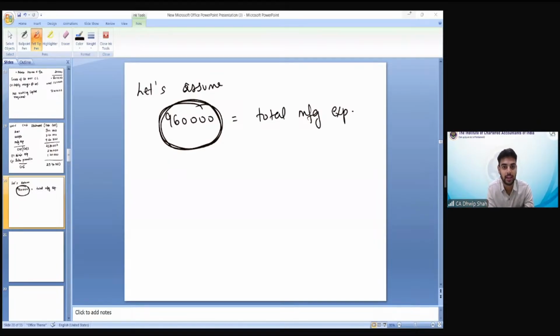From that, you subtract that depreciation, correct? Are you following? If this is total manufacturing expenses, you have to remove the effect of depreciation from it. Okay?